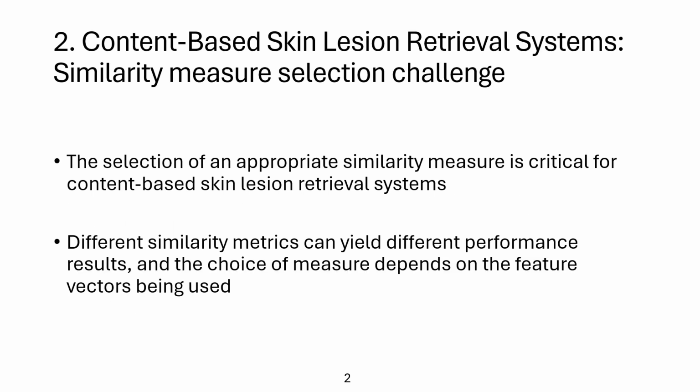So, to achieve an accurate diagnosis and retrieval system, two major challenges lie ahead: feature extraction and similarity measure selection. Similarity metrics are of major importance in retrieval systems, and each similarity measure leads to distinct performance depending on the feature vector.